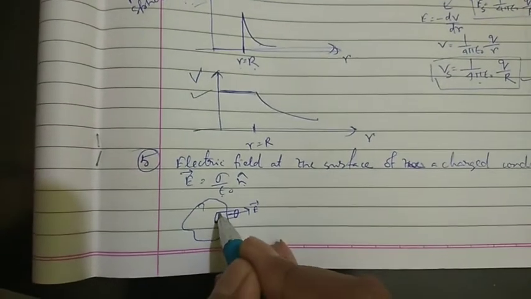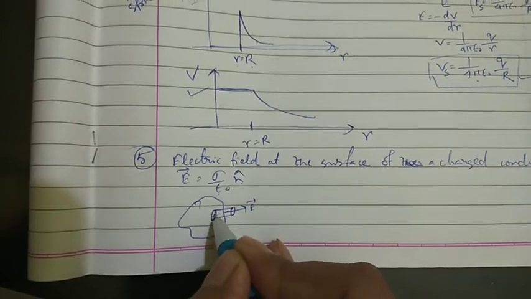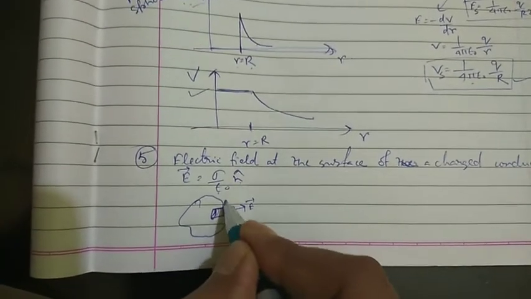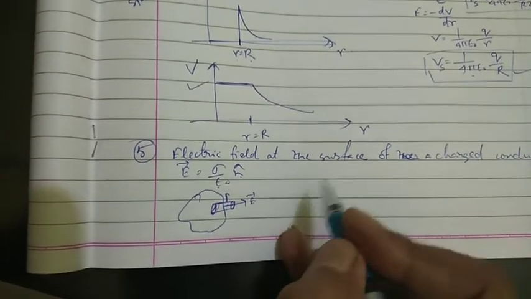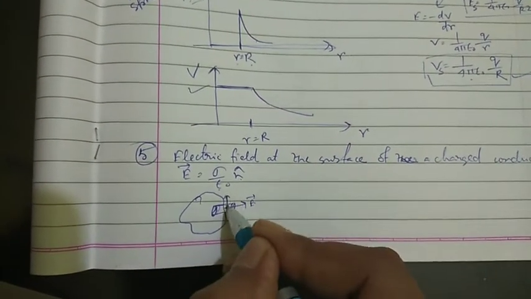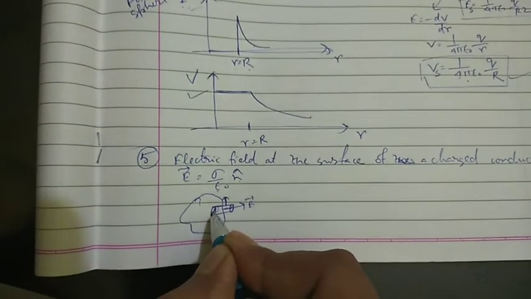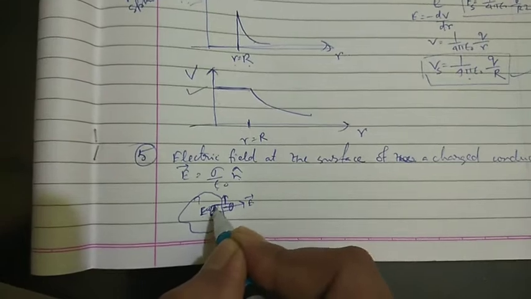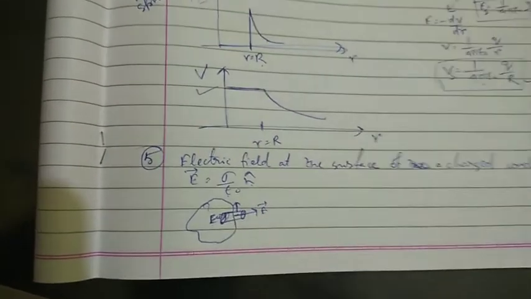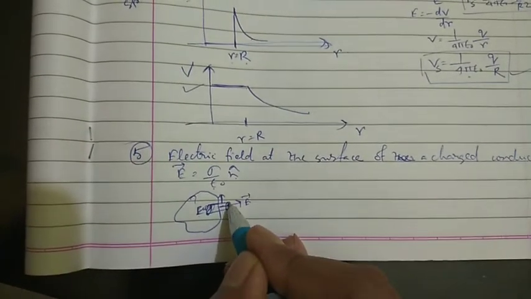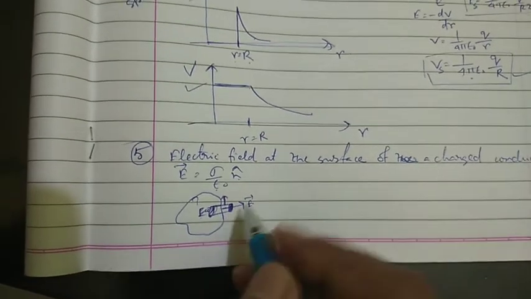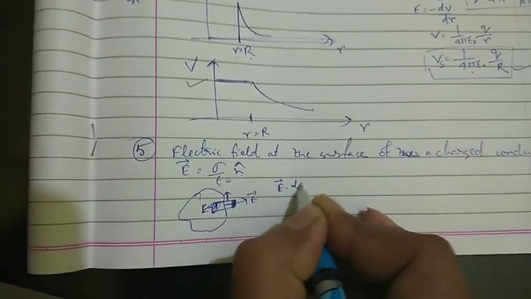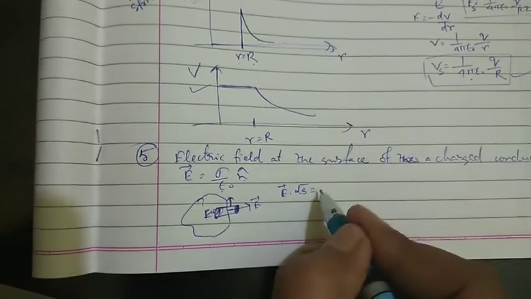Now we will apply Gauss's law. So again here there are three surfaces, this one, and this curved one. For the curved one, E and ds are mutually perpendicular, so there will be no flux through it. Now for the part inside the conductor, the electric field is zero, so we do not have to consider any part inside the conductor. So we are left with only one surface, this one. So for that we can write integral E dot ds equals q by epsilon naught.